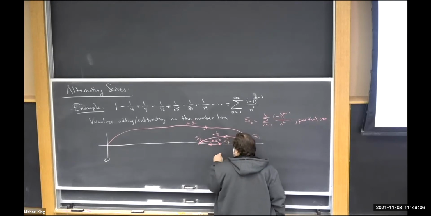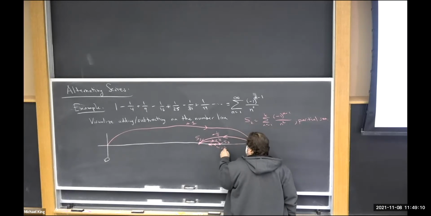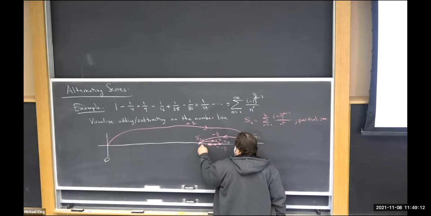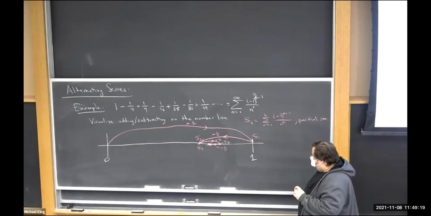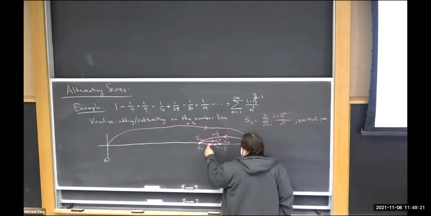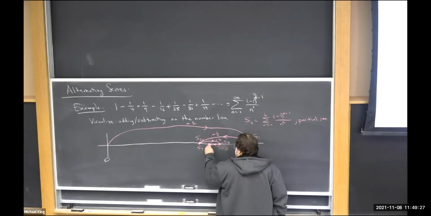Minus a 16th. And we end up there, and that's S4. And now it's kind of hard to picture, but I might just think about adding and subtracting like this.